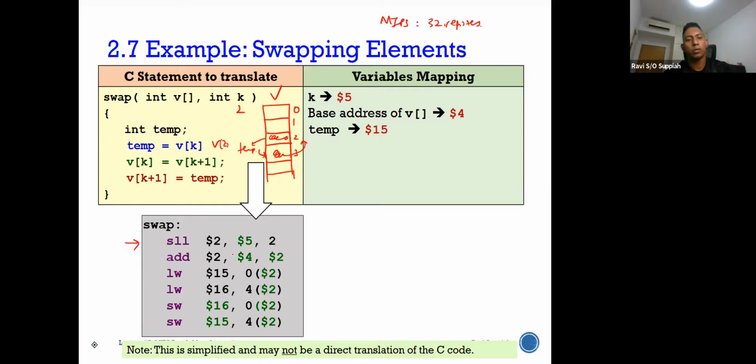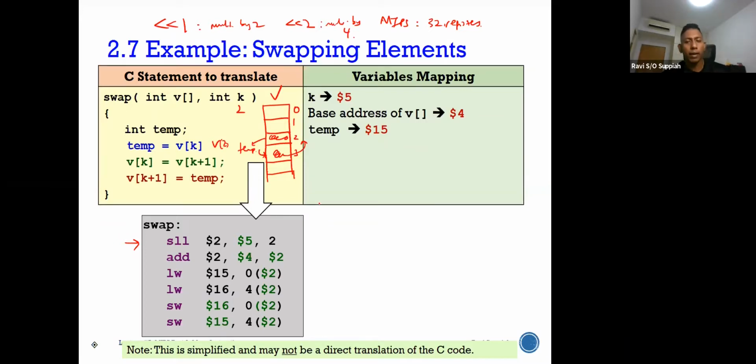Now what does this first instruction do for us? Whenever you shift left by 1, it is equivalent to multiplying by 2. Shifting left by 2 is equivalent to multiplying by 4.